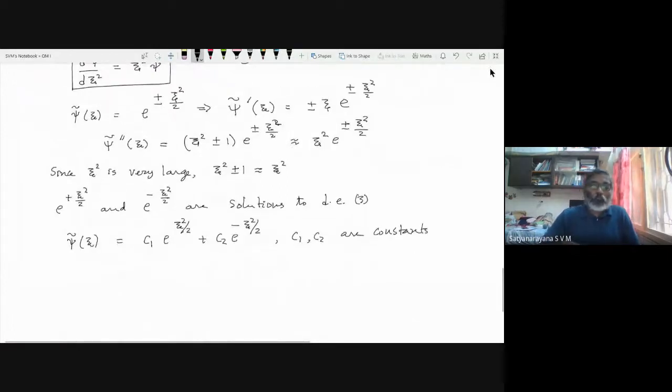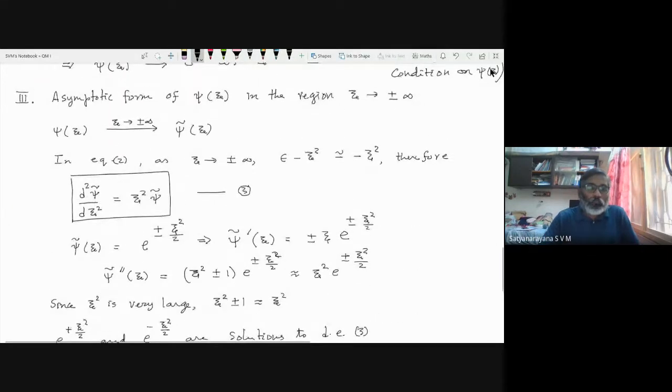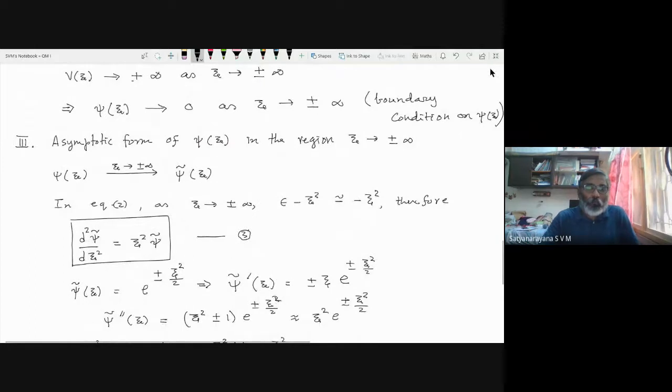So now, the wave function has to go to 0 as xi goes to plus or minus infinity.